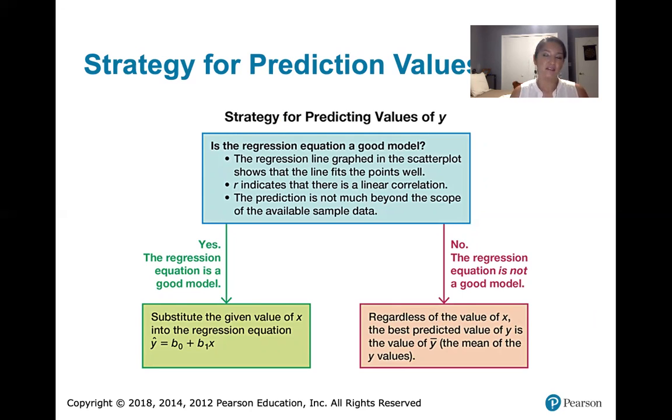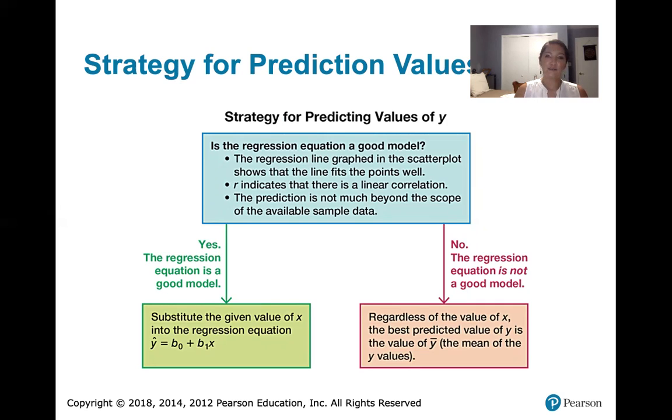So we really need to be careful about that. In practice, if I'm trying to decide whether or not to use my regression line, it's always a good idea to graph the scatter plot and the regression line together and see if the scatter plot actually looks like a line is the best model to approximate that data.